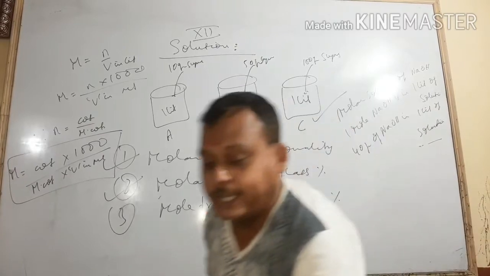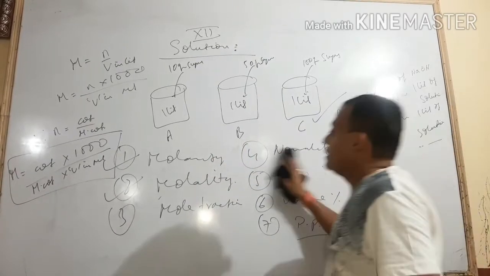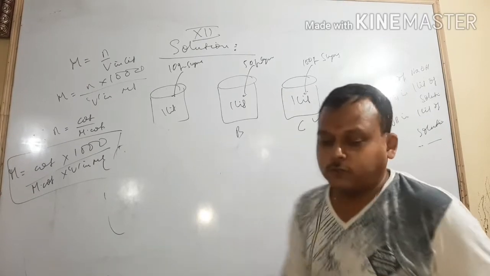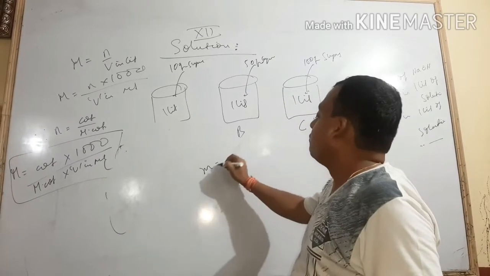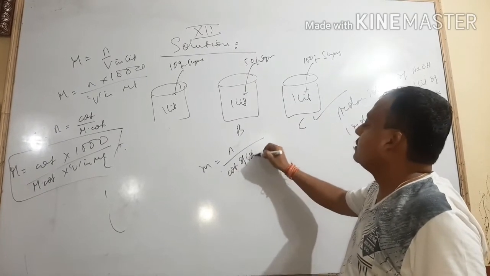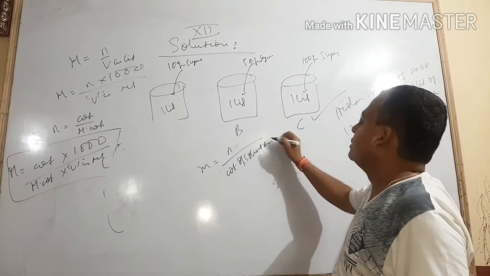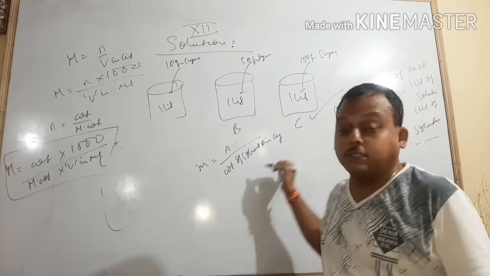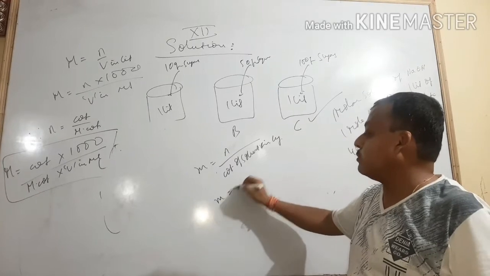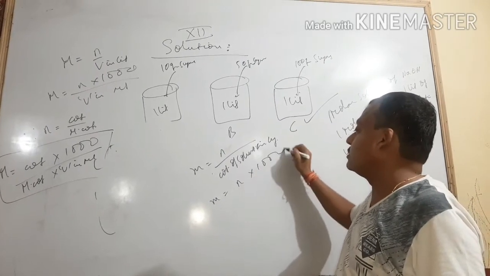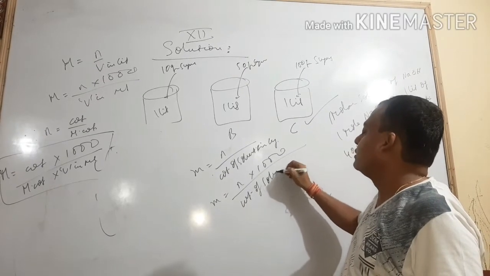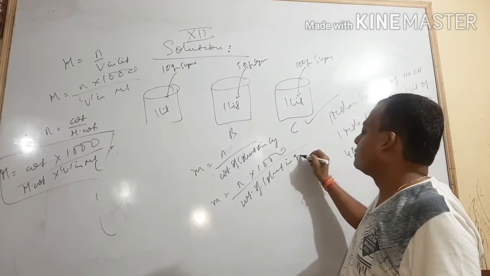Now we can derive the formula of molality as small m is equal to number of moles divided by weight of solvent in kg. But if we convert it into gram, then it should be multiplied by 1000. That is, small m is equal to n into 1000 divided by weight of solvent in gram.